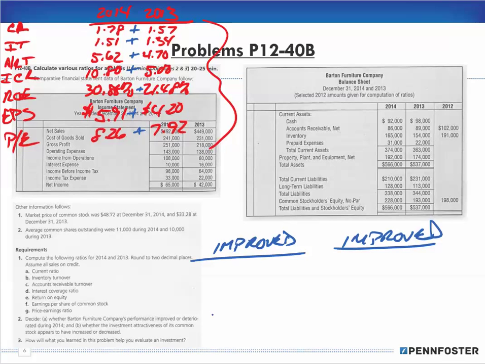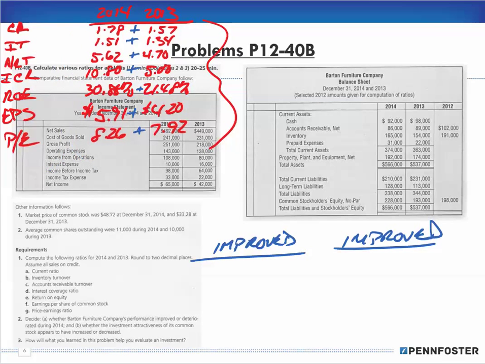Now, again, when you're looking at this problem, and I don't know if it's because of the problem itself, but you don't necessarily always have an increase or a decrease in all of your ratios. Sometimes some are going to increase, sometimes some are going to decrease. And you'll have to really think about it, and that's where understanding the meanings of the ratios comes in.